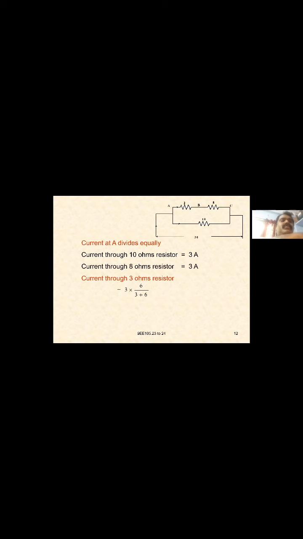So I1 is equal to I into R2 by R1 plus R2, that is 2 amps. The current through the 6 ohm resistor is 3 into 3 by 3 plus 6, which is equal to 1 ampere.